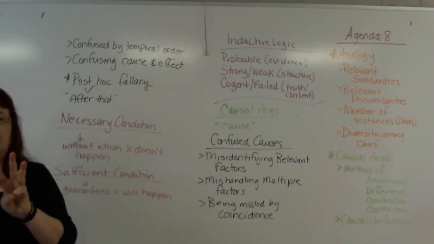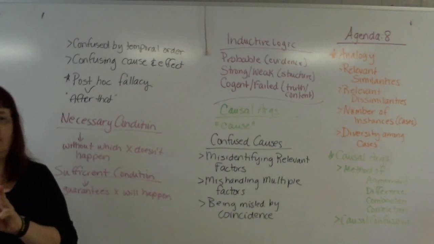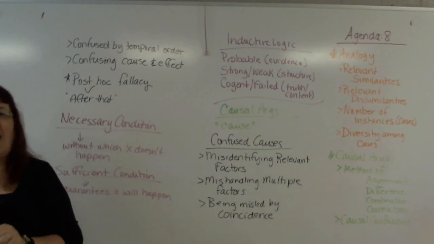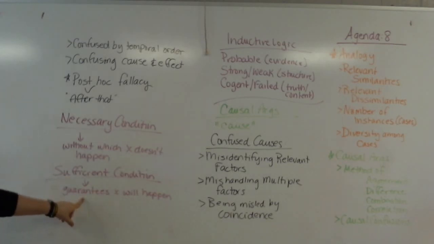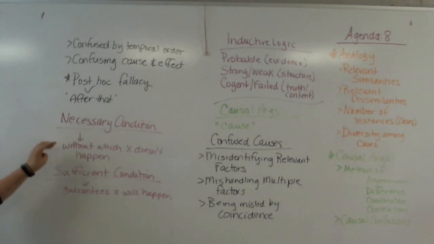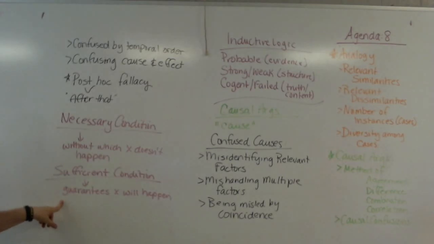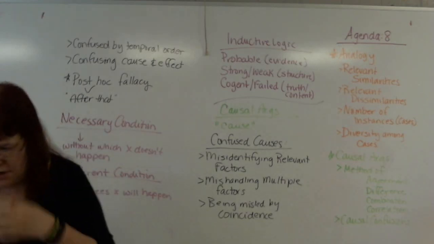I can have gasoline at a high temperature in a vacuum, no fire. I have to have oxygen. Oxygen is my sufficient condition because it guarantees that fire will happen. Now, oxygen was up here with the necessary condition as well. So sometimes my condition can be both, but sometimes it's just one or the other. So just keep those running around your head. That's causation stuff.